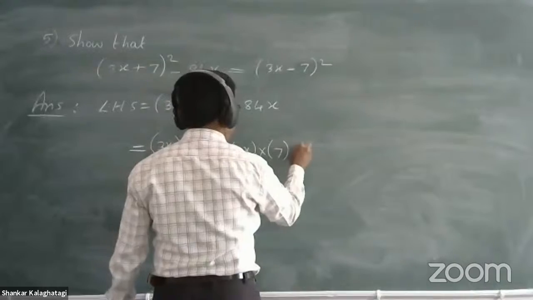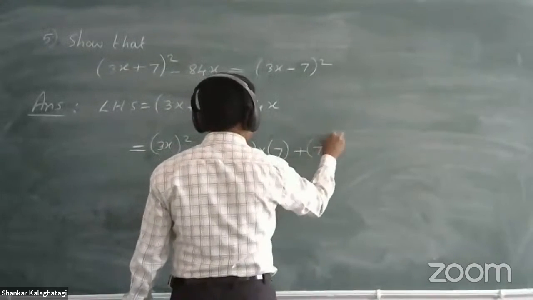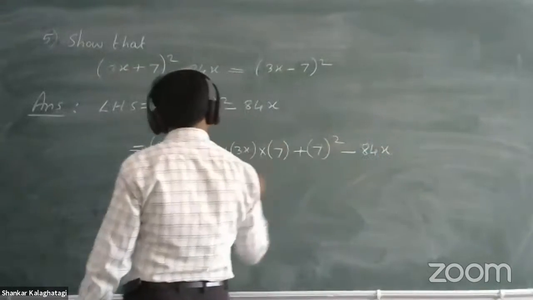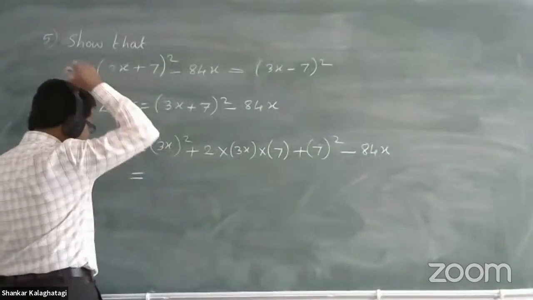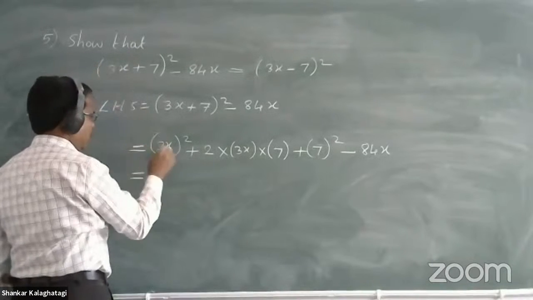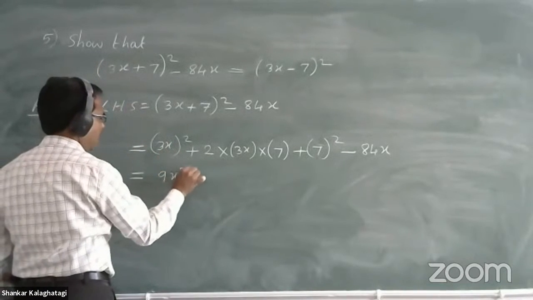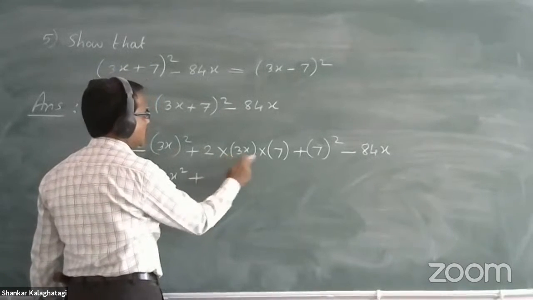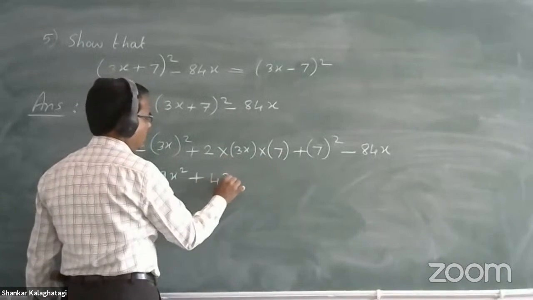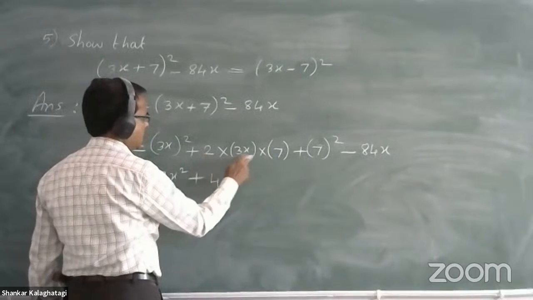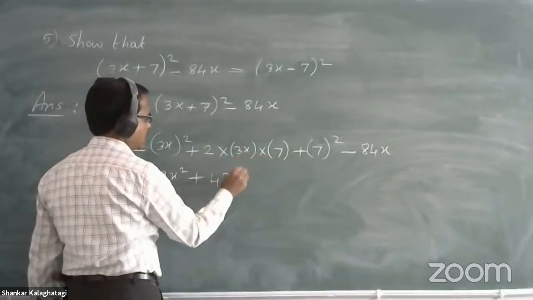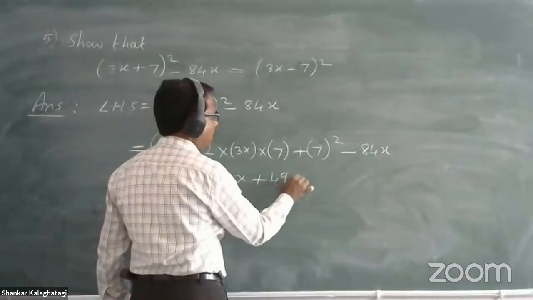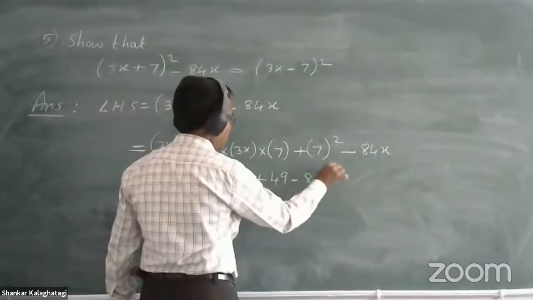Then second term squared, b², that is 7², minus 84x. This is equal to (3x)², that is 9x², plus 2 3s are 6, 6 7s are 42x, plus 7² is 49, minus 84x.